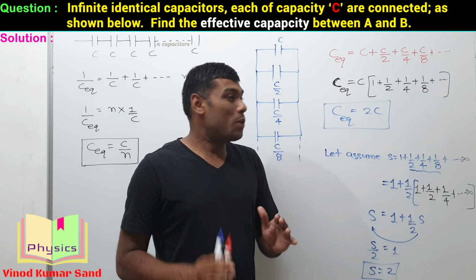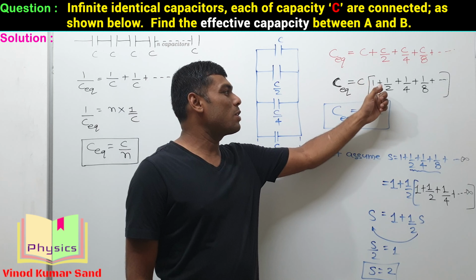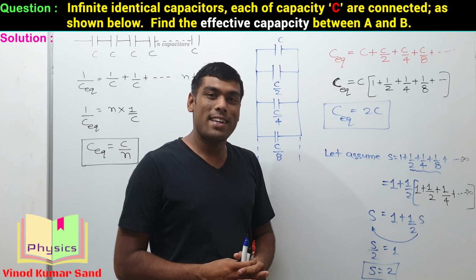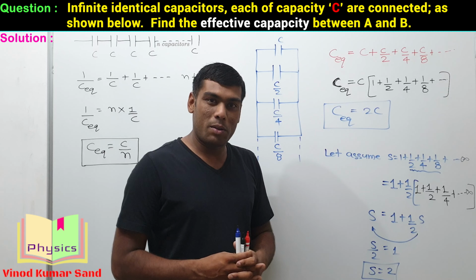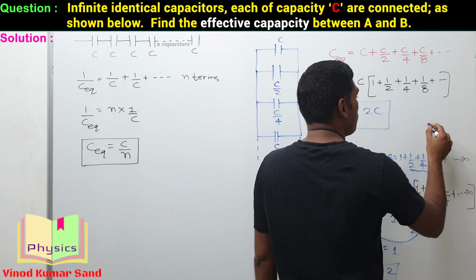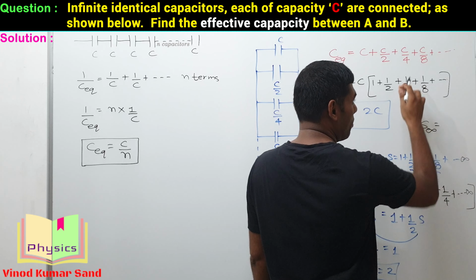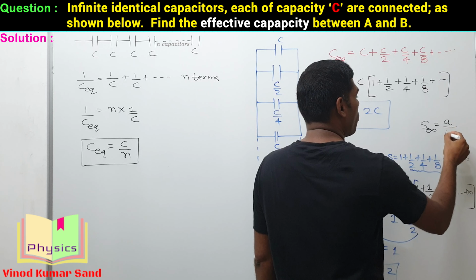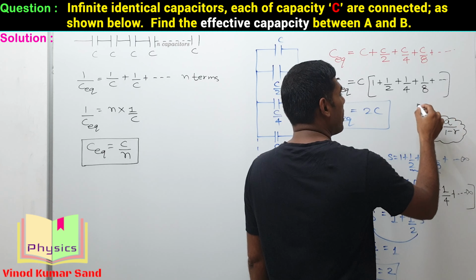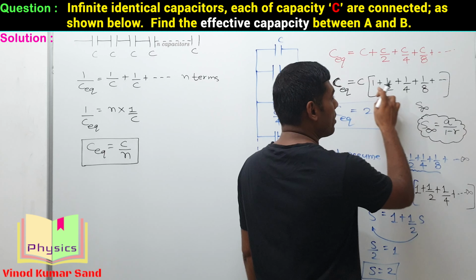Now, if you wish, you could have even solved it using the summation of the infinite series, the geometric progression formula. How? If you remember, the sum of the infinite series of such converging GP is A upon 1 minus R. Do you remember the formula? What is the A in this computation? The first term.